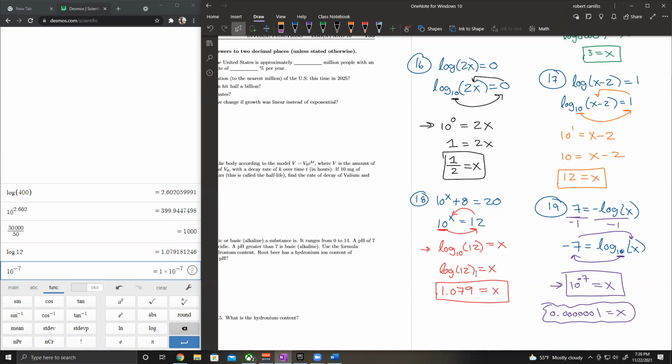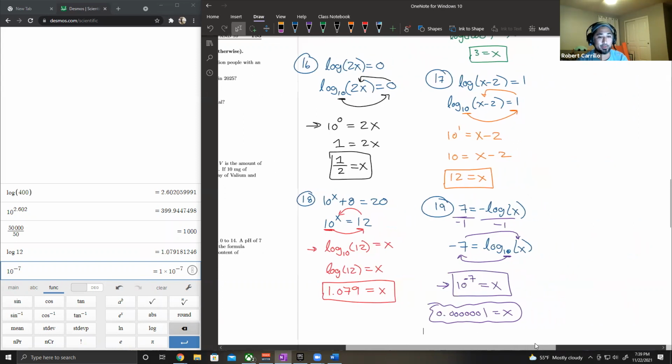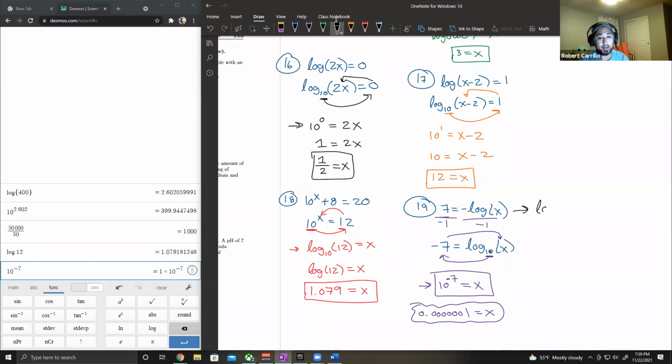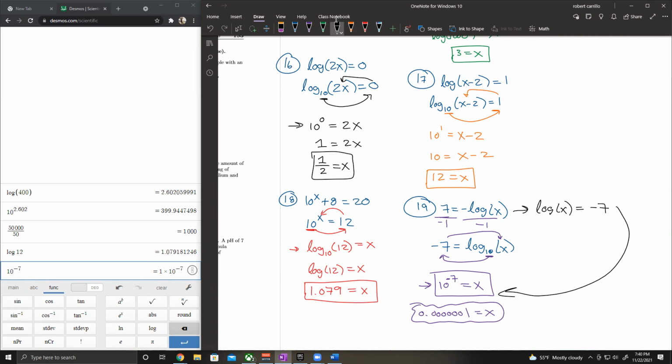Or if you wanted to think about it, you can add the log to the left side and subtract 7 to the right side and get the same result. However you want to think about it. You could also make this positive log x if you added it to the left equal to -7. And no matter what, we'd still get the same answer. Good question.